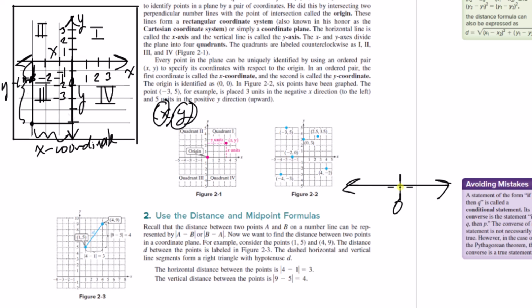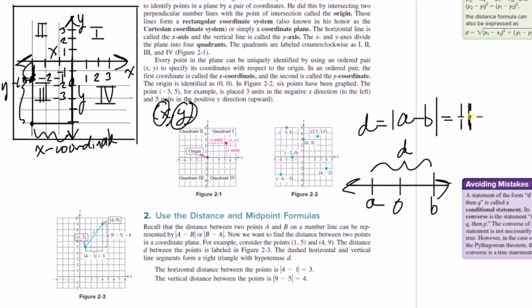But if we have 2 separate points, what's this distance? Just the magnitude of this distance. Well, you can use the absolute value there too. This distance is equal to the absolute value of A minus B, or equivalently, the absolute value of B minus A.